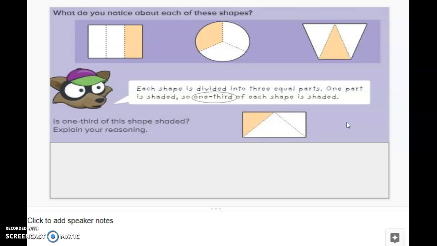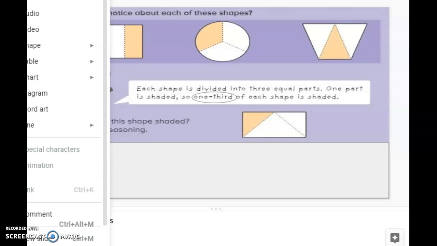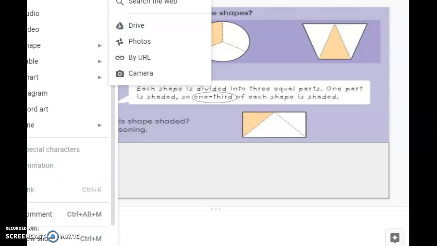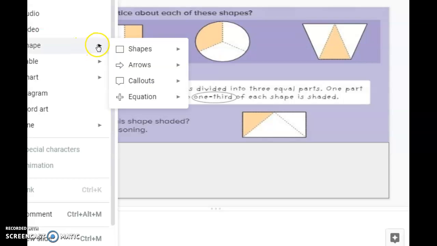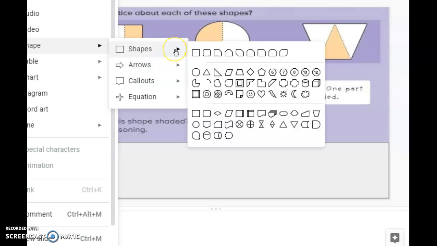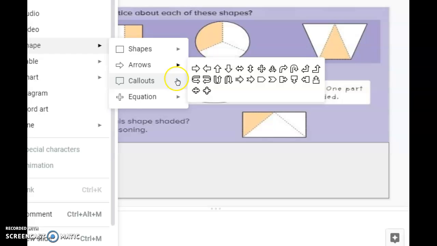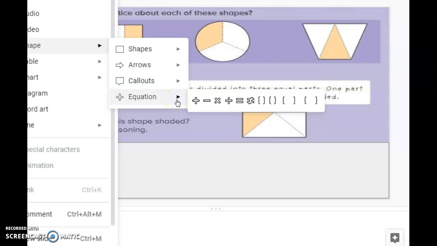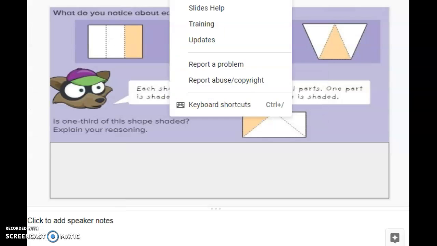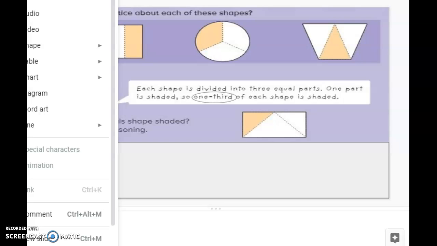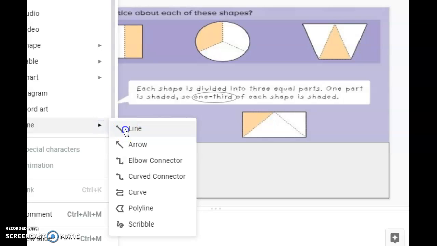Now, had they decided to put a line here, let me see if I can insert a shape. I just want a line. Well, I can't really insert a line. Oh, here we go. Insert line.